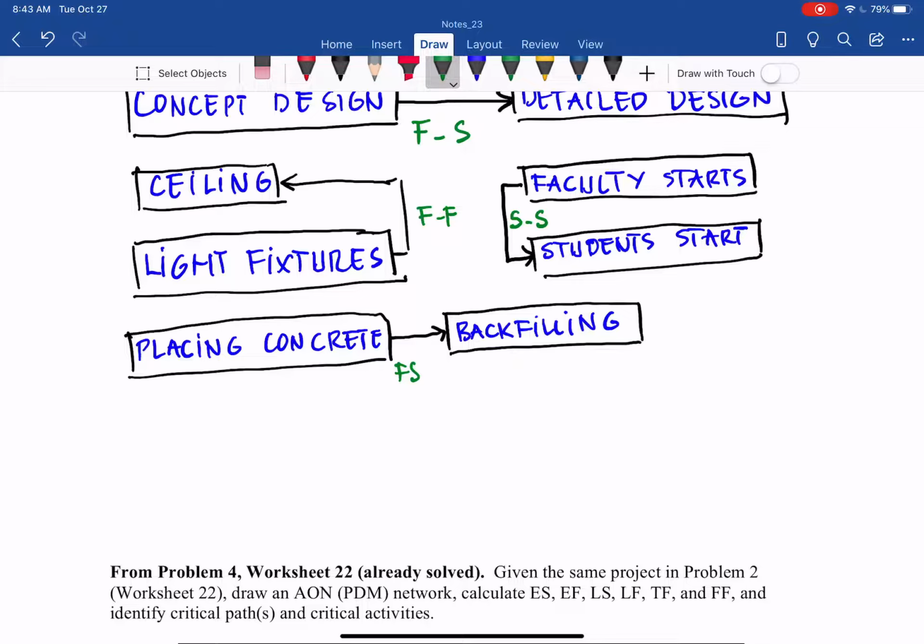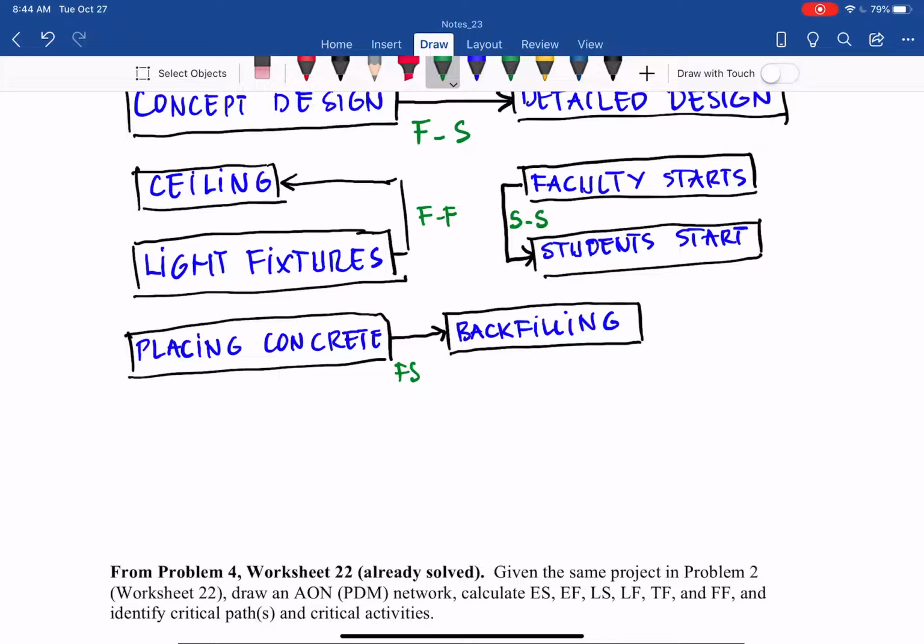If you put the soil on top of it for backfilling, it messes up the concrete. So you need to wait some time for the concrete to gain some strength before you do backfilling. Let alone compaction, it may change the structure of the concrete as it hardens. So with that, finish-start cannot be modeled with yes, but we need to add a lag factor in there. I need to wait a few days.